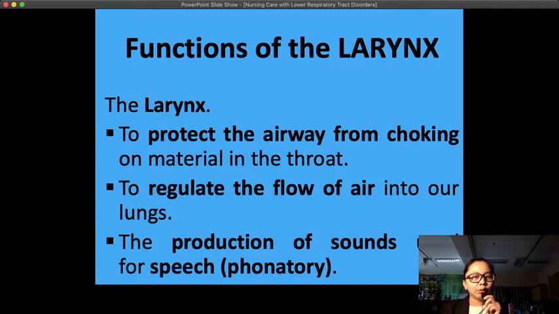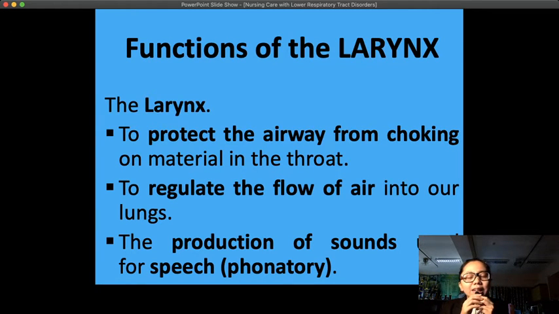Okay? So the larynx is the one that protects the airway from choking on material in the throat, to regulate the flow of air into the lungs, and the production of sounds used for speech, phonation.